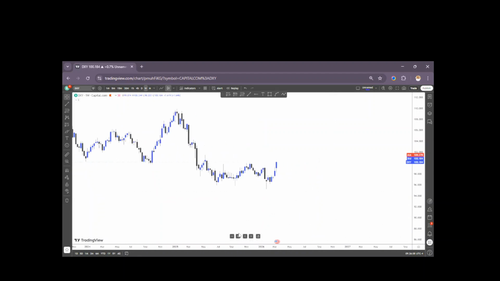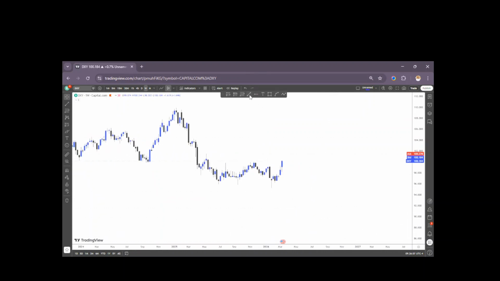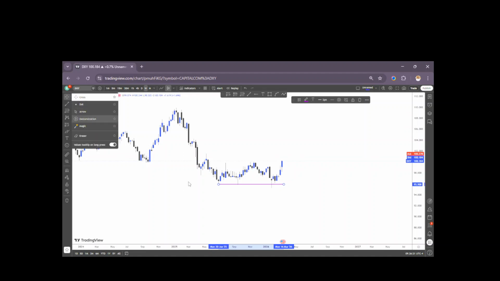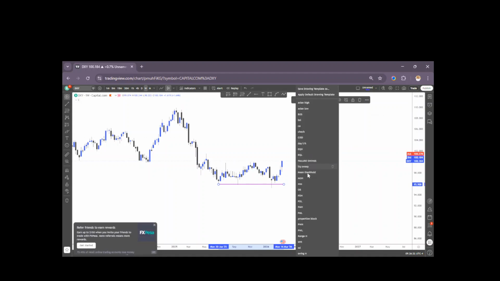From the weekly time frame, what do you realize? You can see here, from this low, we had a sweep of these relatively equal lows. So on this week, the 26th of January 2026, we had a liquidity sweep of the swing low.